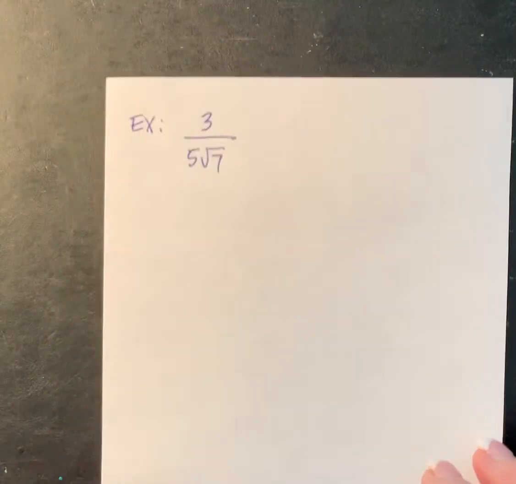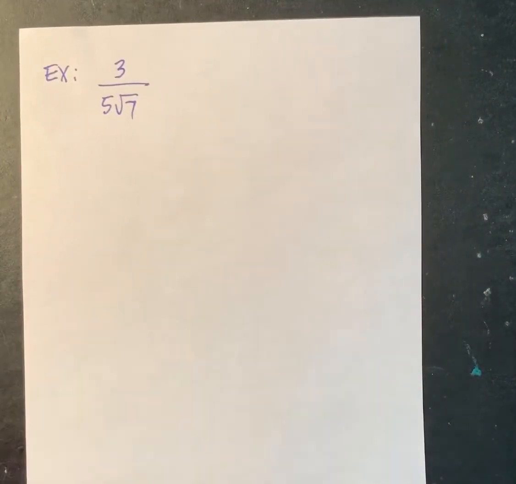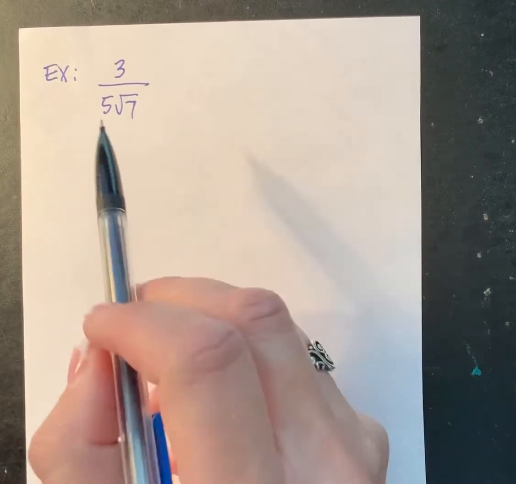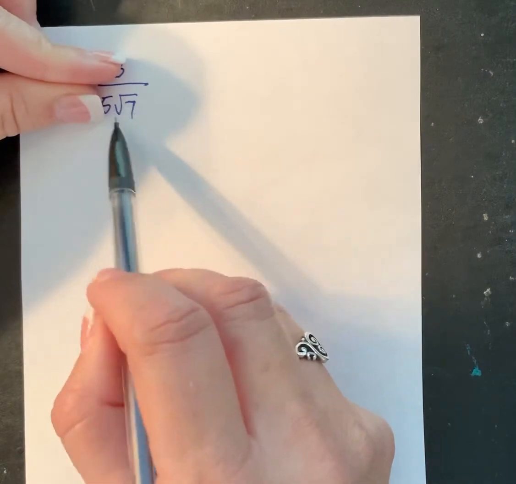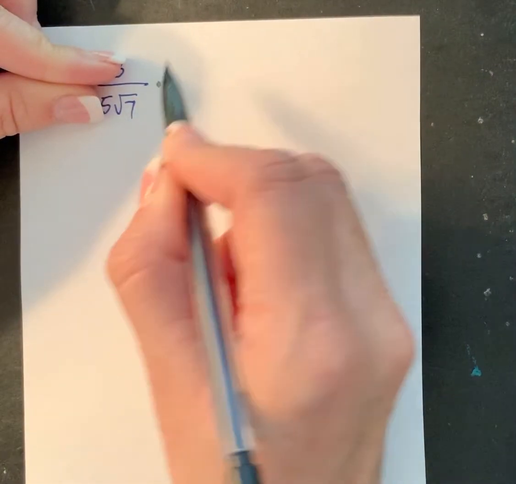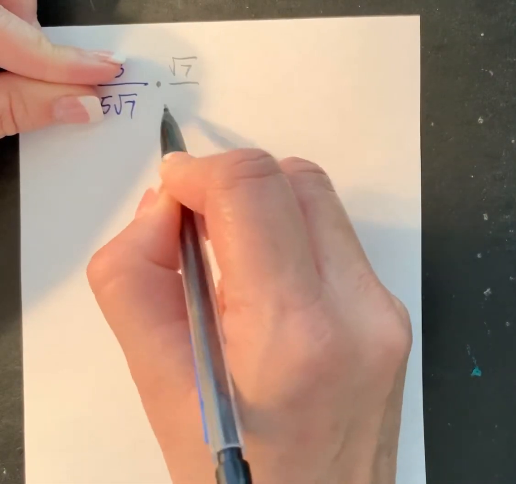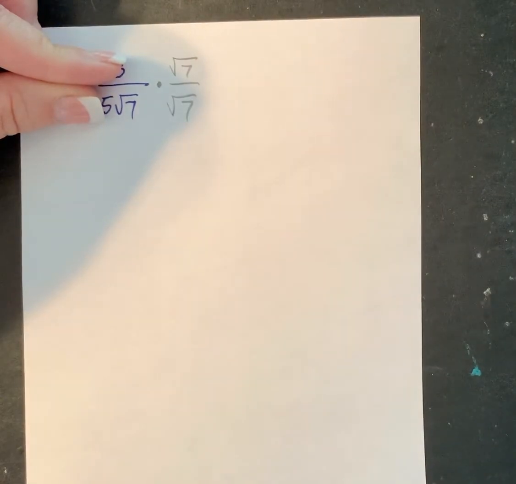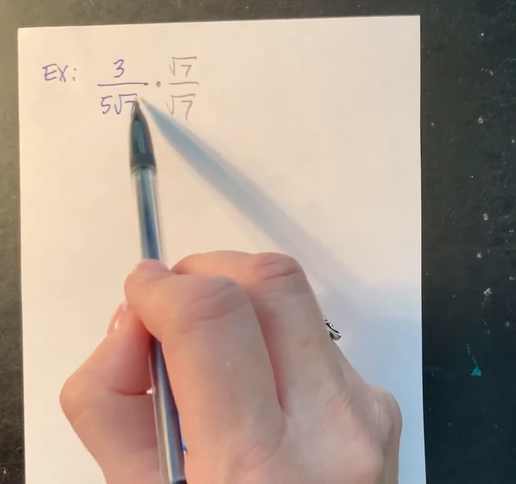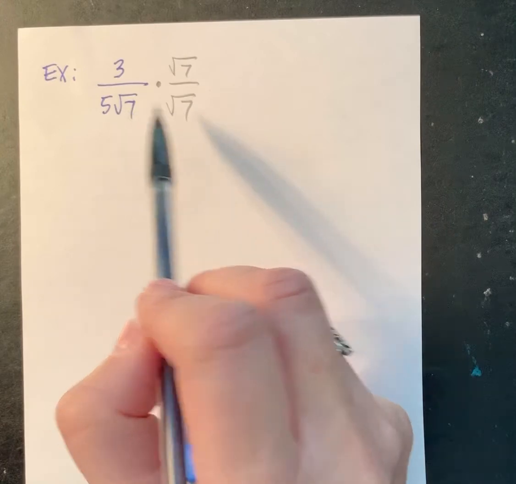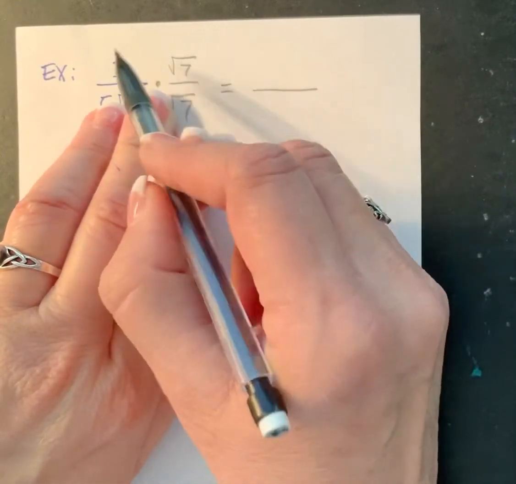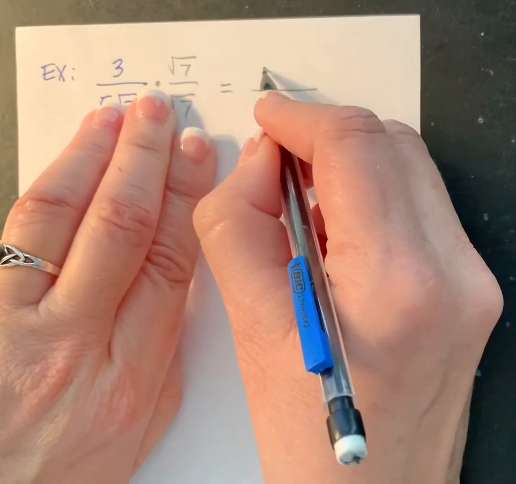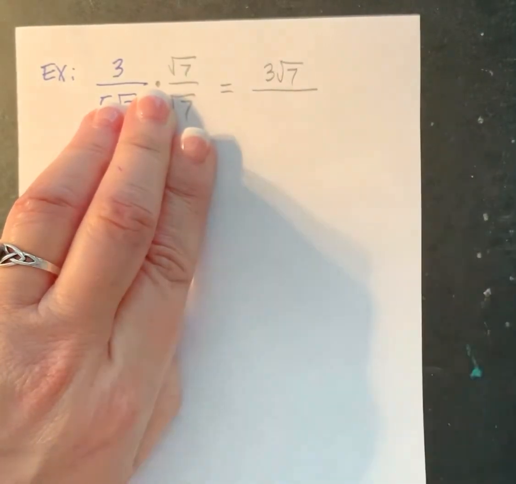All right, let's try another one. Let's say we have 3 divided by 5 times the square root of 7. All right, so in this one, we only have one radical, but it is in the denominator, so we need to get rid of that. So what we'll do is multiply the numerator and the denominator with the square root of 7 over the square root of 7. All right, so whatever radical you don't want in the denominator, that's what you'll use. Okay, so if you multiply the numerators together, 3 times the square root of 7, that is just 3 times the square root of 7.